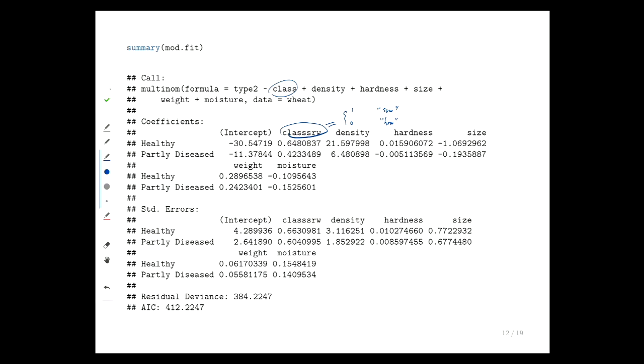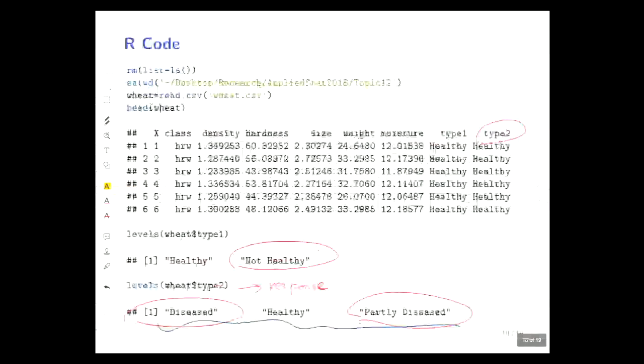So that's the variable. And secondly, in order to make everything easier, let's rename it. Firstly, rename the classSRW as X1, and then density as X2, X3, X4, X5, X6. That can make everything easier. And also we have our response variable as Y. Y has 3 categories. So what are the 3 categories?